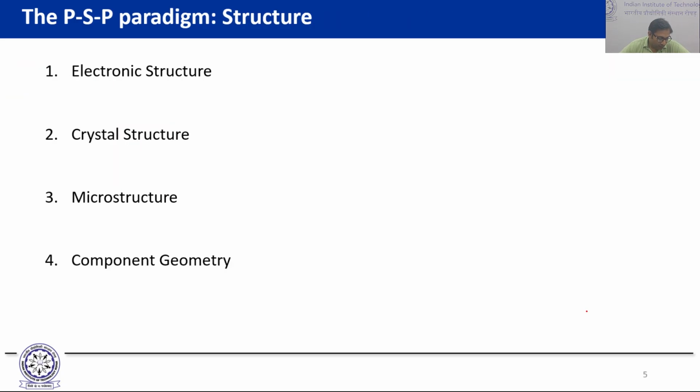So when we talk about the process structure linkage, one should also be very clear about what structure we are talking about. I'll just go over it very briefly because we have been talking about representing structures in the last few lectures. So it can be in terms of the electronic structures. So electronic structure features could be something like the ELF or the electron localization function.